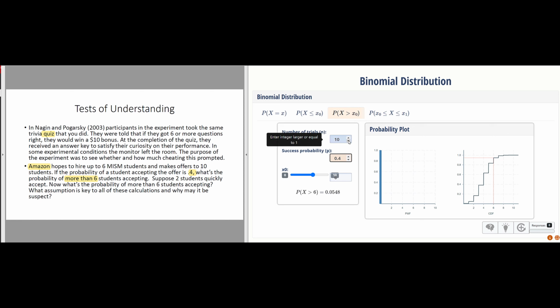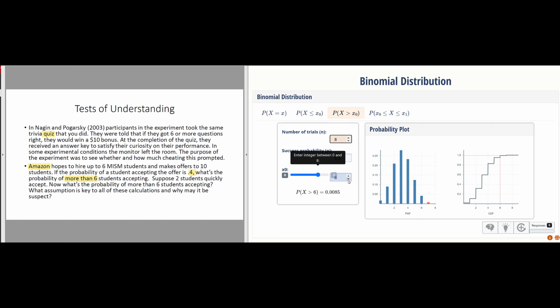The number of trials has been reduced from 10 to 8 remaining. And what we want to know is what the probability among these 8 is of more than 4 accepting. The probability of a given student accepting is still 0.4.